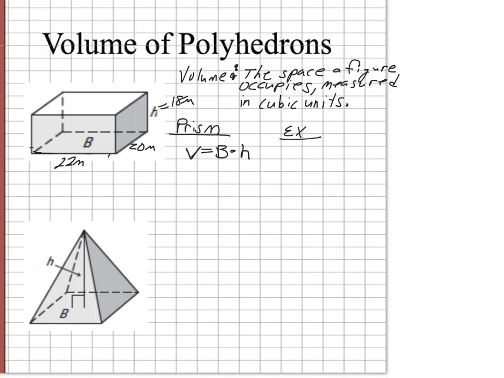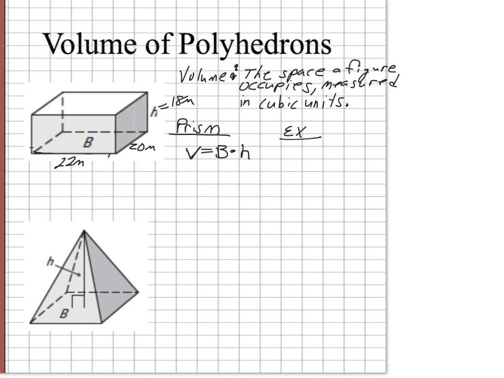My first step is I need to know what the shape is, always. Your first step is always to identify your shape. This is a rectangular prism, so that first part of the name is going to allow us to identify the formula for the area of the base.